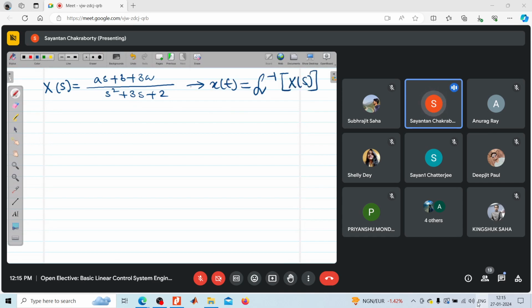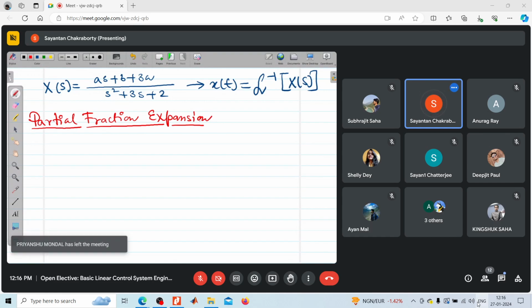To take the inverse Laplace transform of any such function X(s), we shall follow the method of partial fraction expansion. Let us see how the partial fraction expansion can be used in this scenario to obtain the solution of x(t) from this.